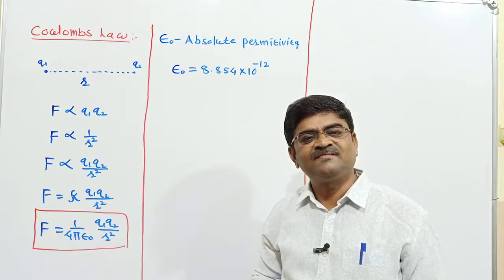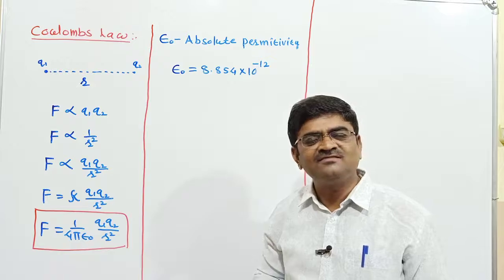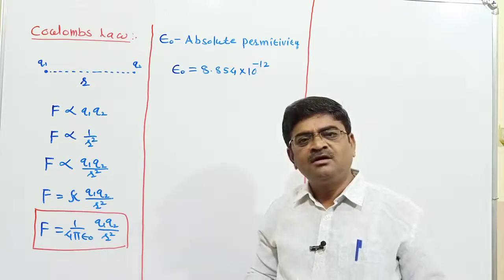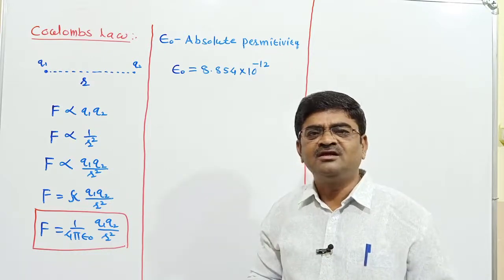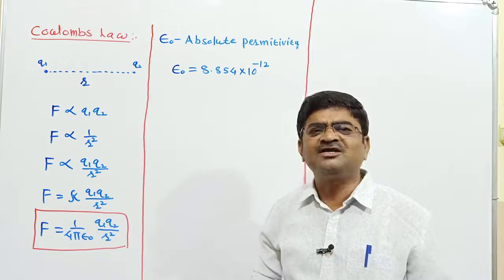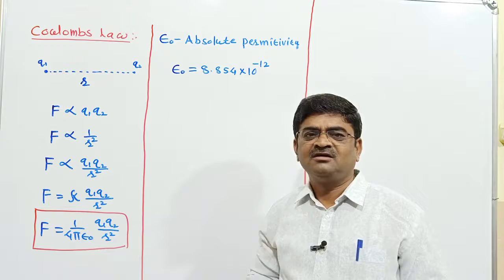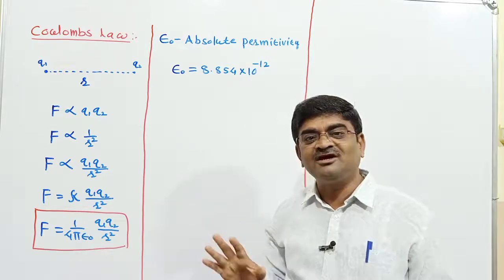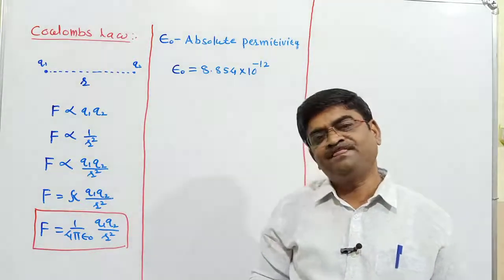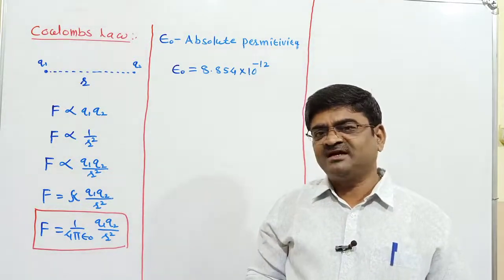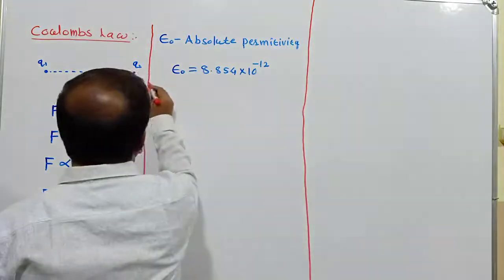I had also mentioned that charge is a scalar quantity. So to describe it completely, you never talk about the direction of charge. Now I had not spoken anything about the unit of charge. So before I go to the unit of permittivity, I need to spend time on the unit of charge.